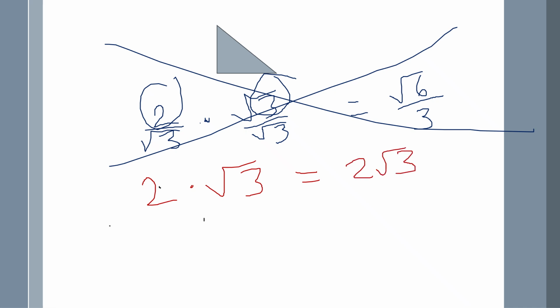You know? If you go 2 plus square root of 3, guess what? You can't do that either, because that's going to be 2 plus square root of 3. So you're not allowed to do those particular things. Now let's show you how to do the correct way of this.